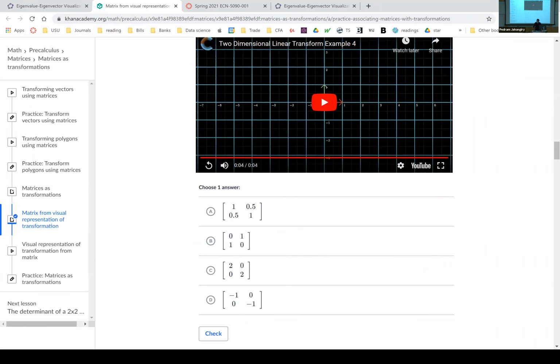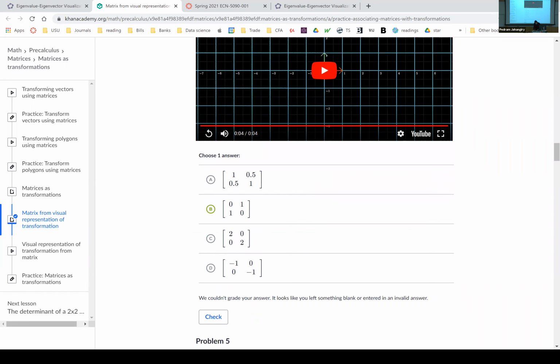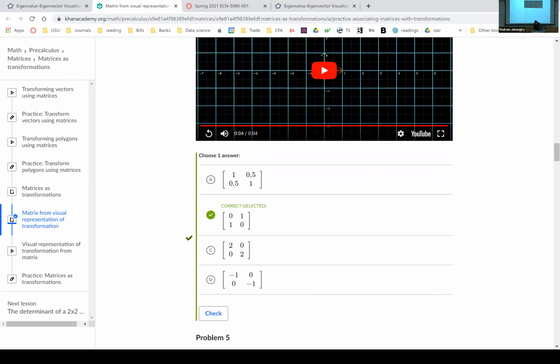Well, it's not A, right? And it's not C. It's either B or D. Why? That's correct, right? Because it kind of flipped and went back to its own place.